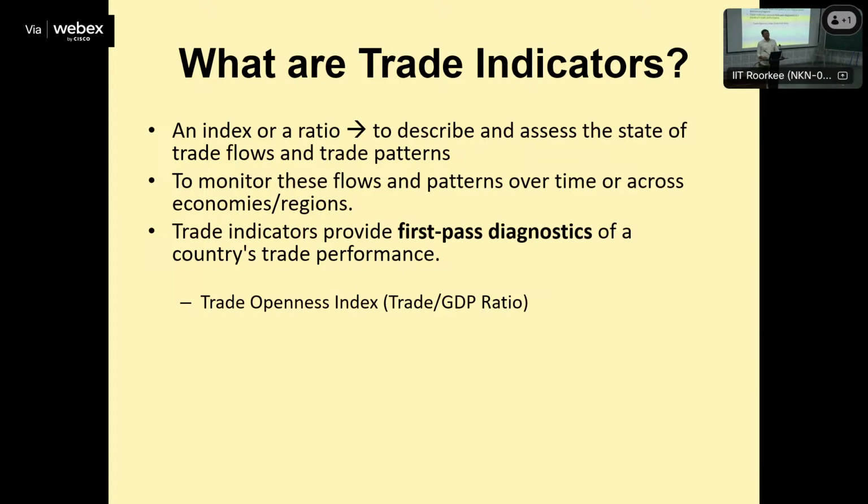So trade divided by GDP, into 100, is your trade openness index. Or simply, exports plus imports divided by GDP: total export value and total import value divided by GDP.